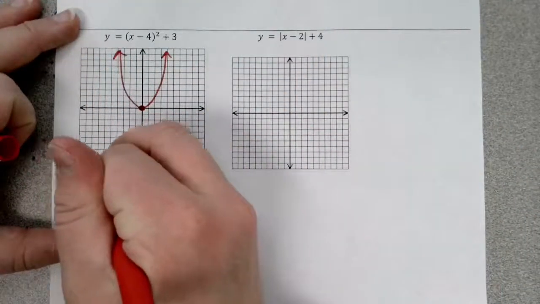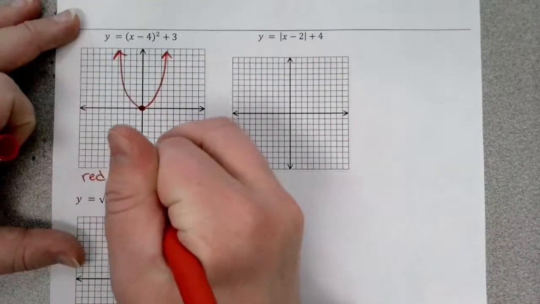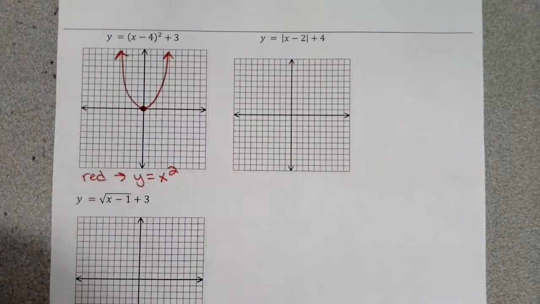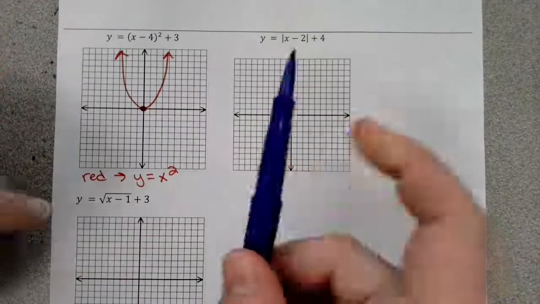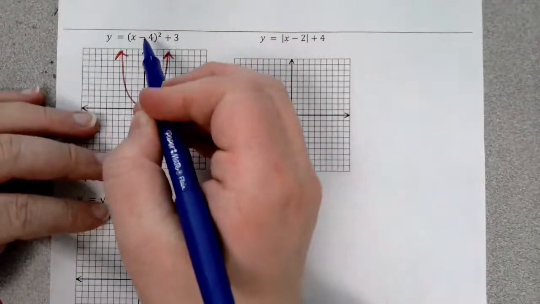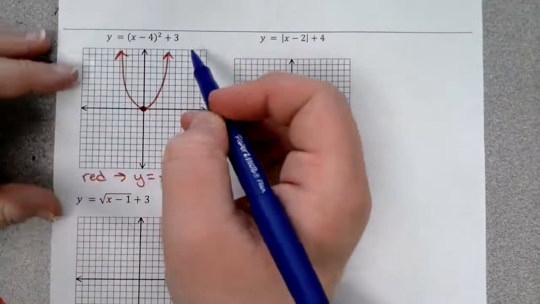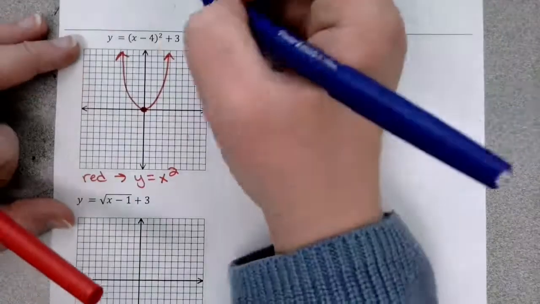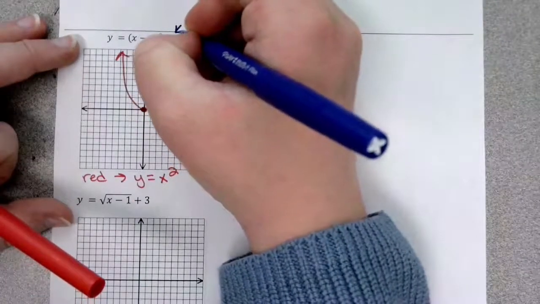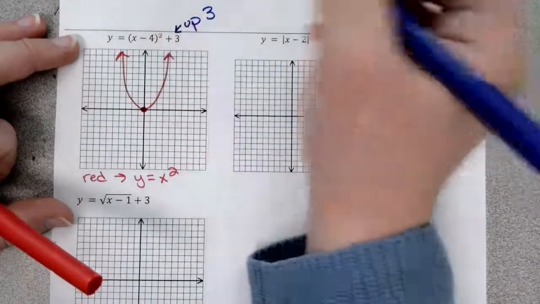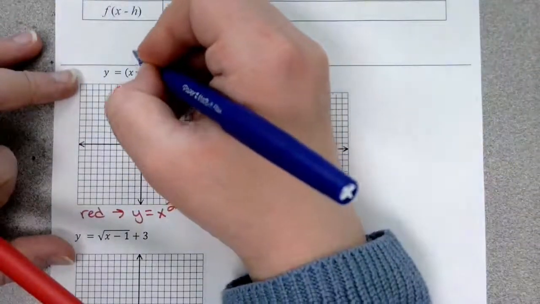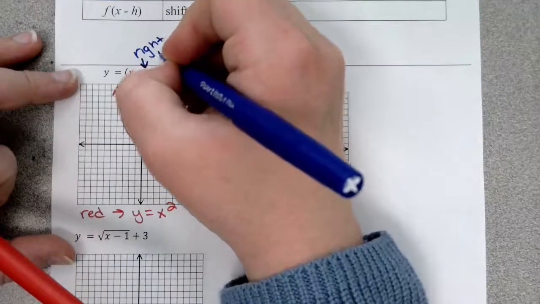So in red is your parent function, y equals x squared. Now I want to move it to look like this one, so minus 4 and plus 3. You learned on the last page that this plus 3, when it's on the outside, means it's going to move up 3. And this minus 4 means it's going to go right 4.